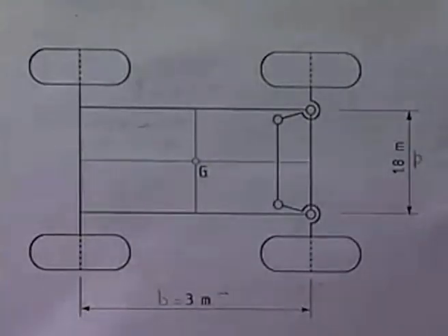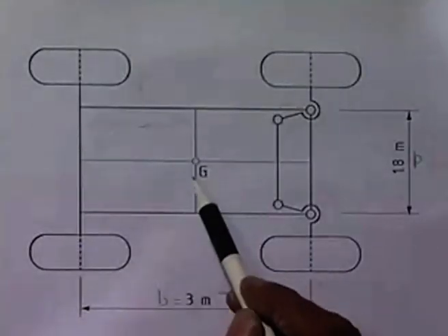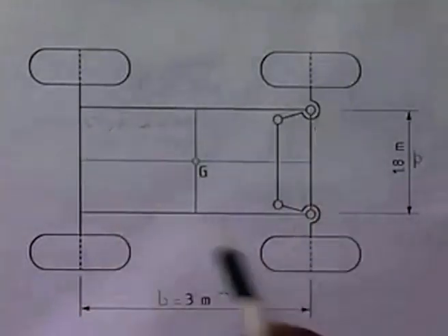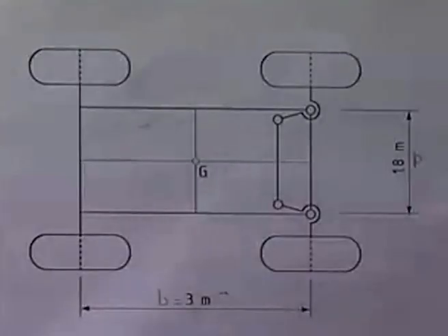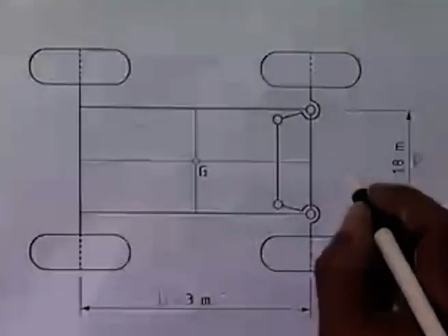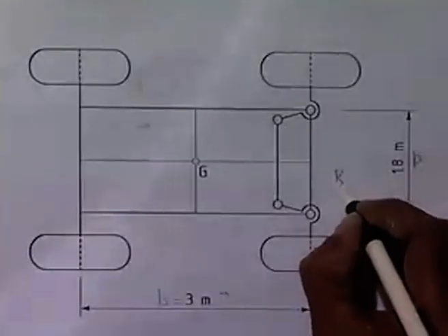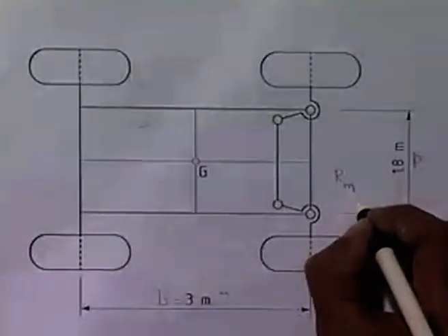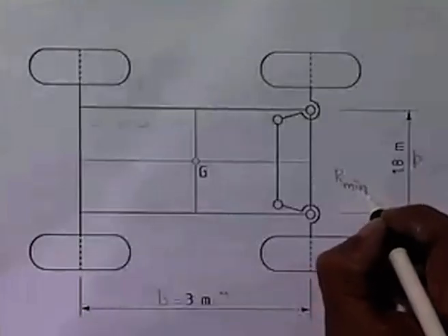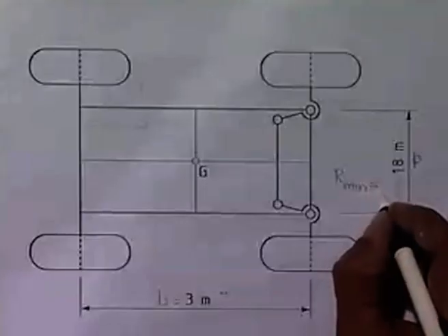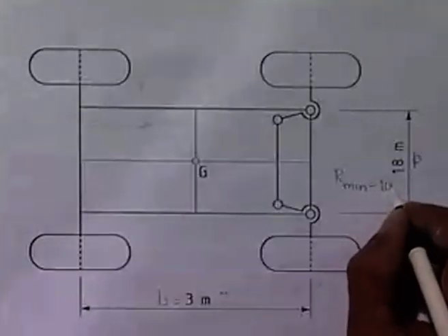It is said that the minimum radius of curvature for this center point G of the body of the automobile is 10 meters. That means the minimum value of R, if I call that R min, for this center point G is desired to be 10 meters.